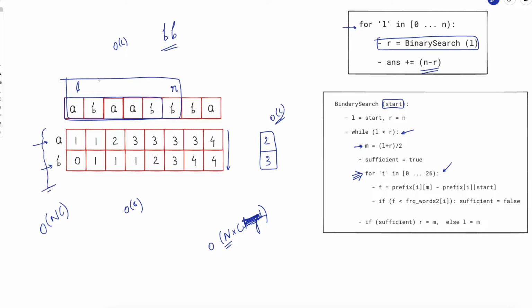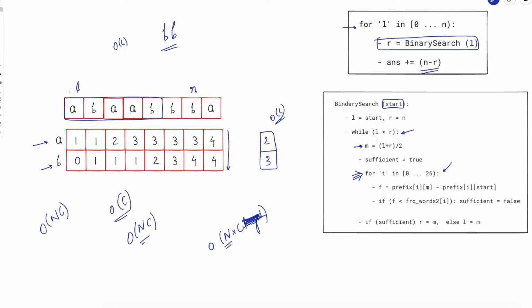If it is not valid, you will simply keep on incrementing your R. Now, for each R you increment, you will again incur an order C cost. Now, overall, you can increment your R n number of times. So overall cost would be order n into C.